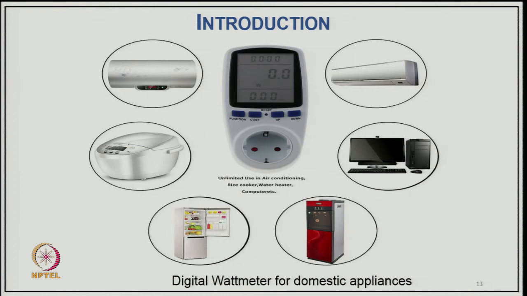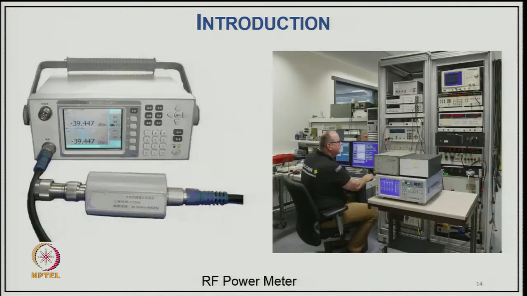You can measure their power digitally, which we require for the purpose of a smart grid. Or there is a radio frequency power meter, where the power data goes through radio frequency to the computers.